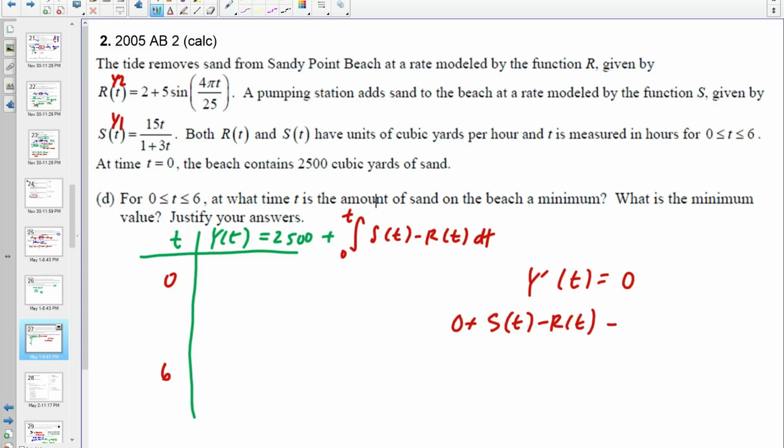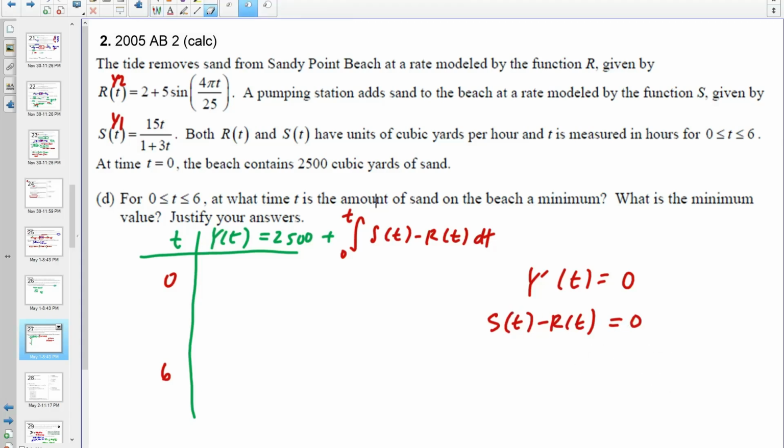Then you subtract the derivative of the bottom, which is 0, times s of 0 minus r of 0. But of course, this is all times 0, so you get 0. And so what you get for y prime of t is s of t minus r of t. You set that equal to 0, and so solve for t. And how do I know when s of t minus r of t is 0?